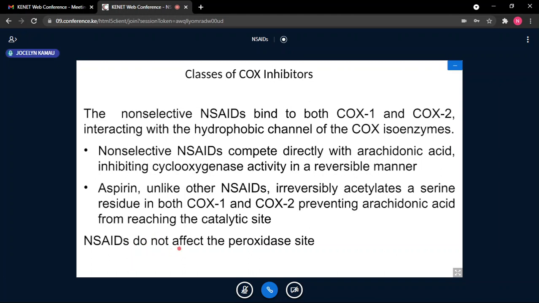The non-steroidal anti-inflammatories do not affect the peroxidase site. Remember, when we were looking at the cyclooxygenase enzyme, it has two areas. It has the peroxidase area, which converts prostaglandin G2 to H2. G2 to H2 is just removal of one oxygen, and this is still done by the same enzyme.